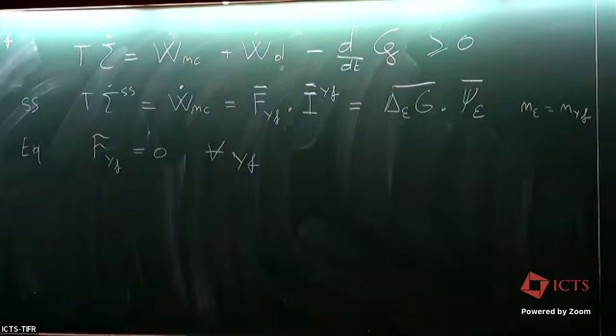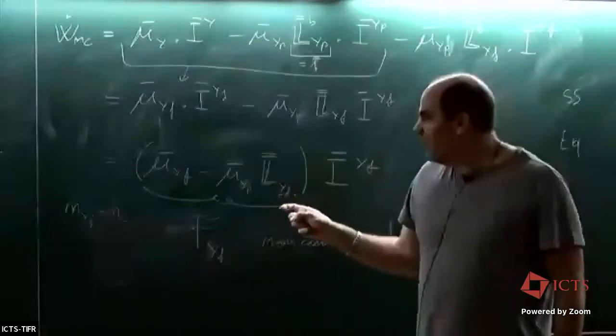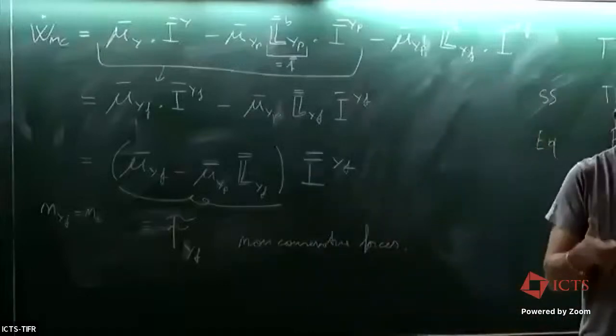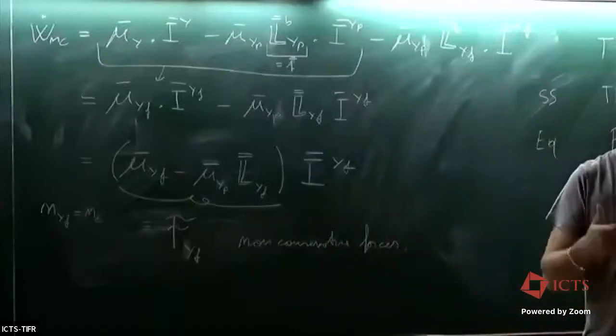This is telling you, choose your YP as you break the different conservation laws. And then the remaining YF, if you choose them very carefully in such a way that this thing is going to be zero, then you're going to be at equilibrium. But if you would not do topology, it would not be easy to know when your system is at equilibrium and when it is not. This is why these non-conservative forces are really important. You need to identify them to know when your system is or is not at equilibrium.